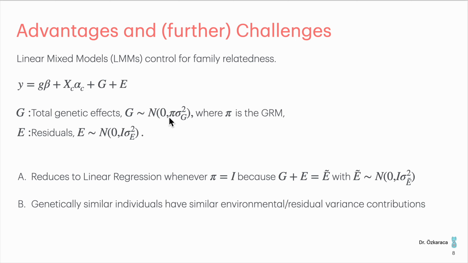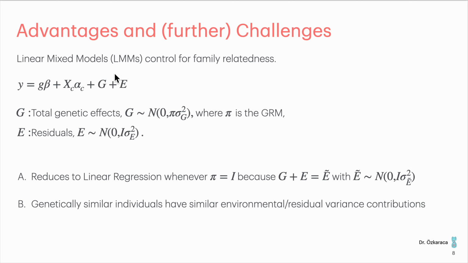And what adding pi in the genetic component allows us is that genetically similar individuals will have similar environmental or residual contributions because of this G component, which contributes to the variance of phenotype. If two individuals are genetically similar, then this pi would contribute the same variance component for those individuals in their phenotype.